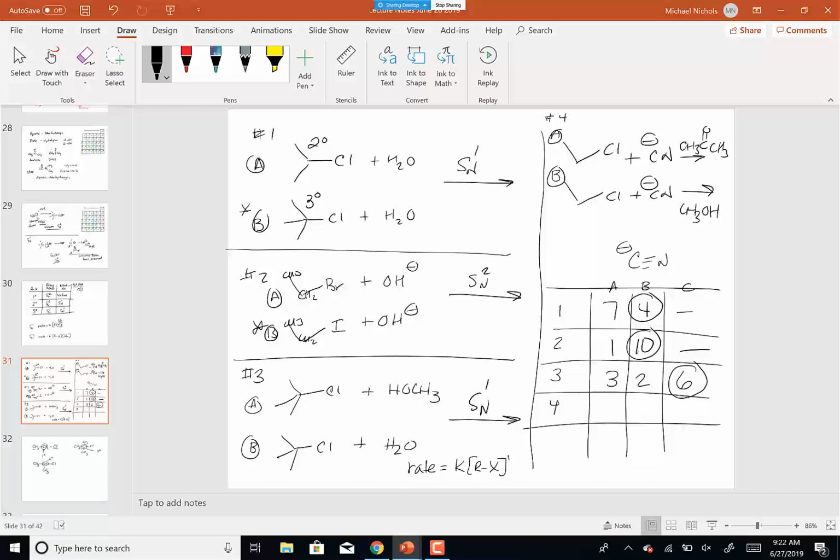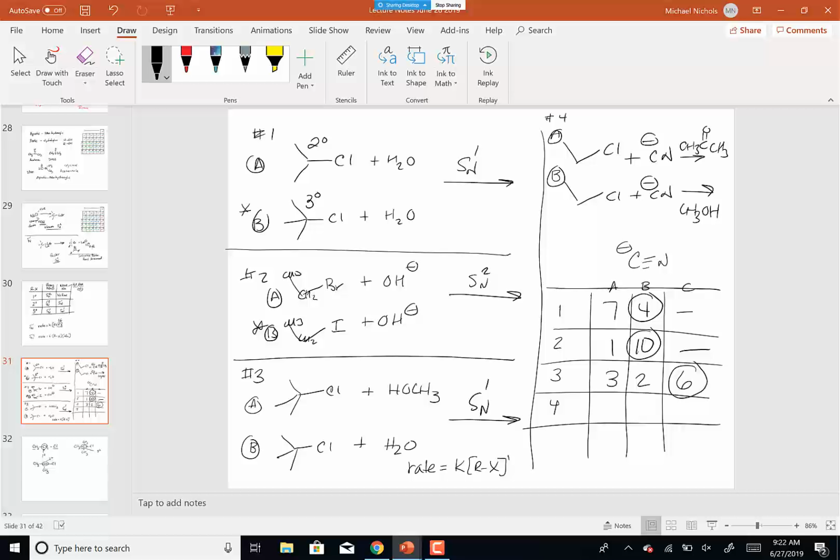So if you chose water being faster, it's because it's a hydroxylic solvent. Actually, they're both hydroxylic solvents. But which one's more polar? Water.